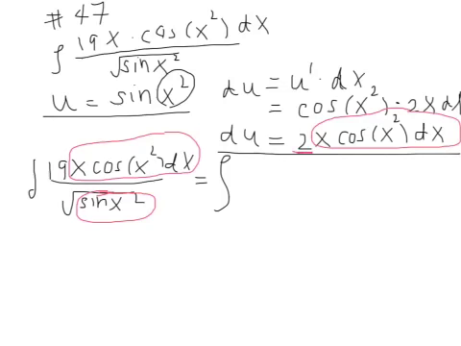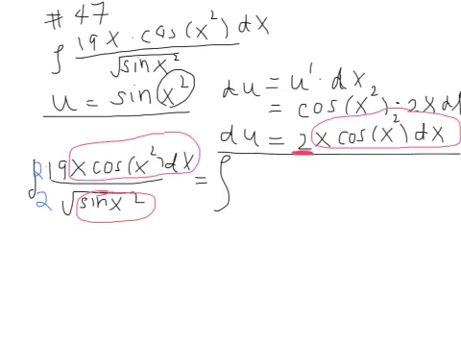So what we could do is multiply the number 2 up top, and don't forget to divide it back at the bottom. That's one way to do it. Or you can just solve for the x and then substitute the x into the original integral and things cancel out. Whatever you want to do.